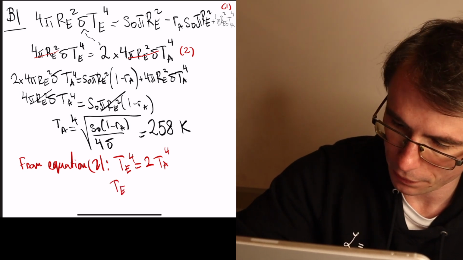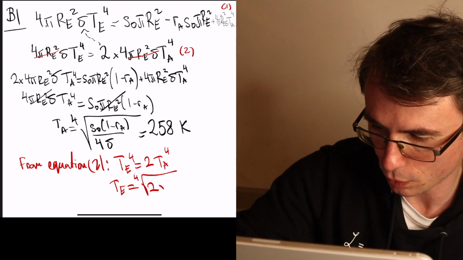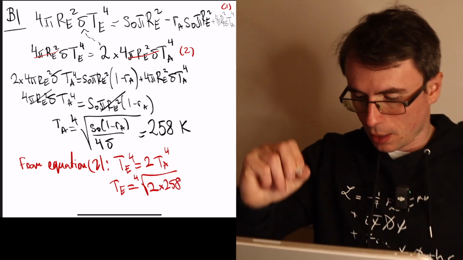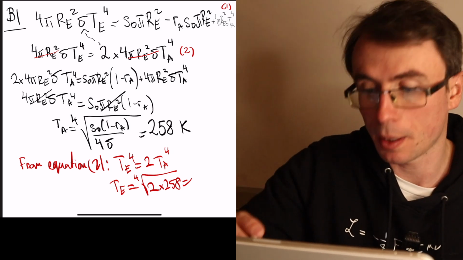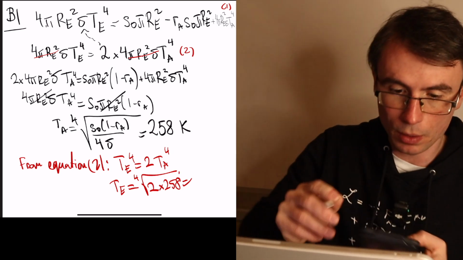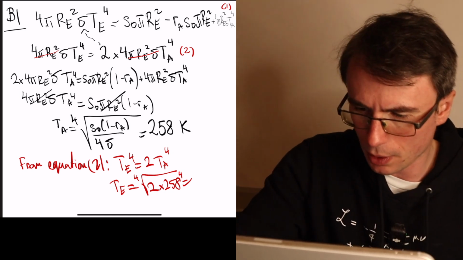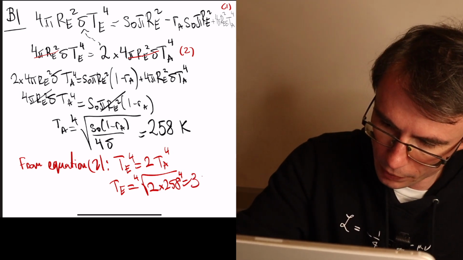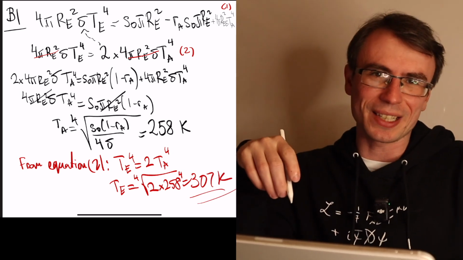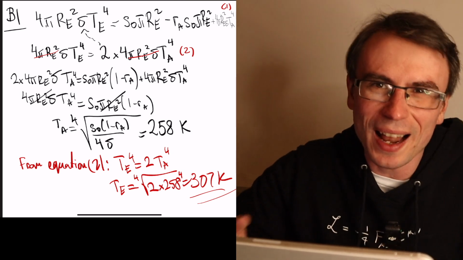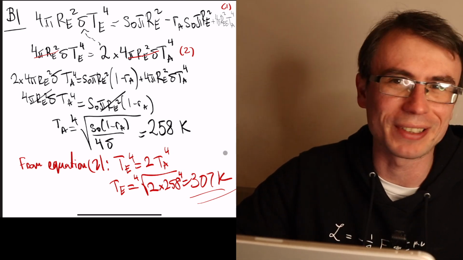The temperature of the Earth is going to be equal to the 4th root of 2 times 258 to the power 4. Let's see what our trusty calculator gives us one more time. This here gives me 306.8, let's call it 307 Kelvin, which is pretty close to standard temperature. Well, sort of standard. I live in the north of England, so we are lucky when we have 307 Kelvin.